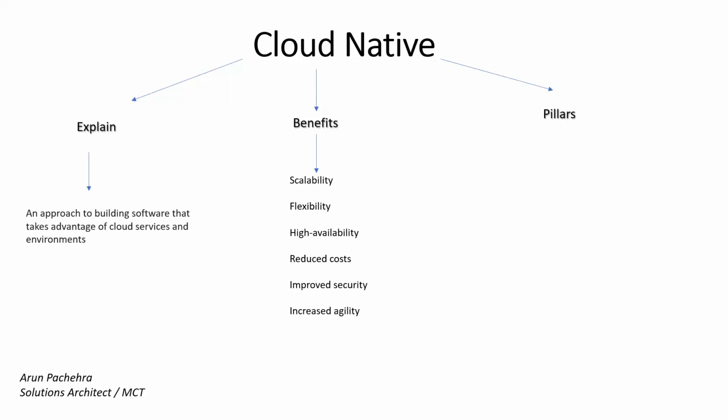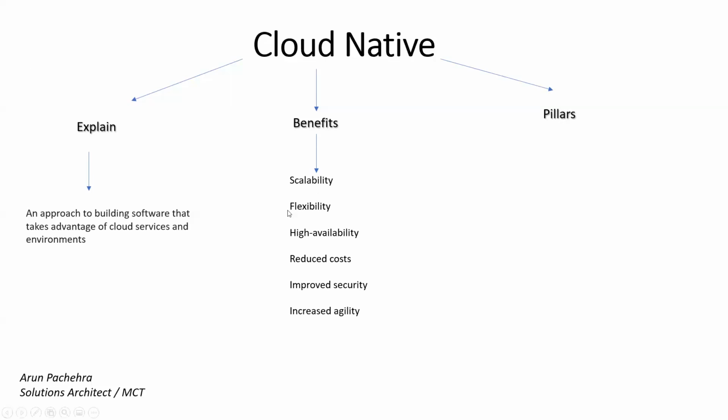And we do have an option to only use what is required, hence scalability. If you have less usage, maybe in the night, run only very small VMs or wherever your applications are running. If you have high demand, scale up and scale down.